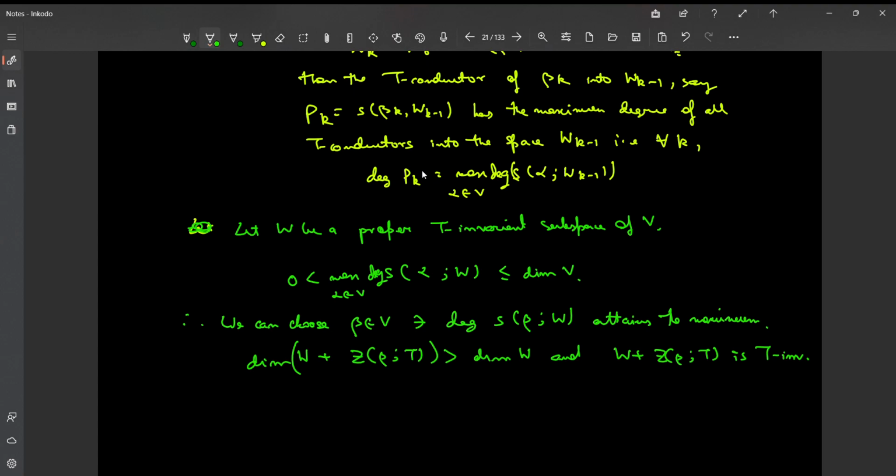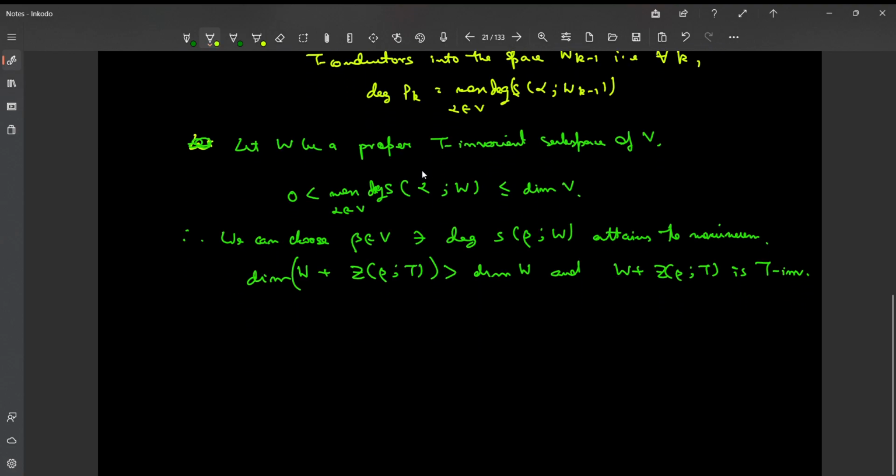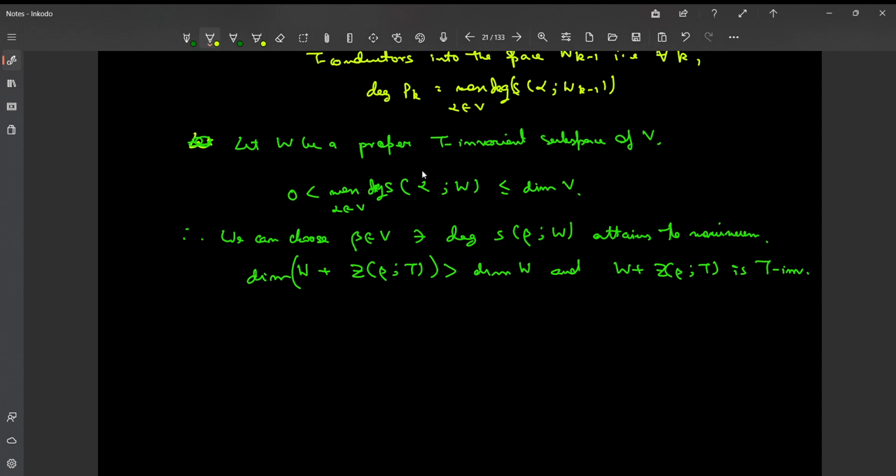So coming back to the proof, we simply apply this observation to W naught. Okay, because W naught is given to be a proper T admissible subspace of V, so it's obviously a proper T invariant subspace of V. We apply the above observation to W naught. Okay, clear?